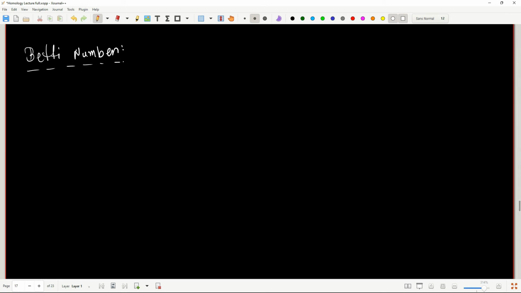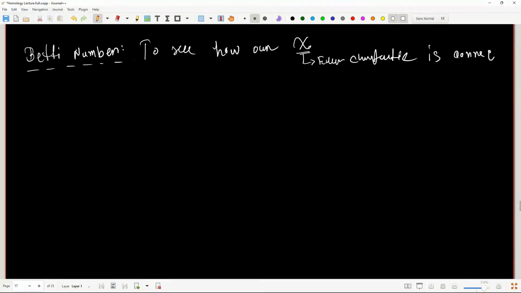So why do we define this Betti number? To see how our chi, that is the Euler characteristic, is connected to homology groups.